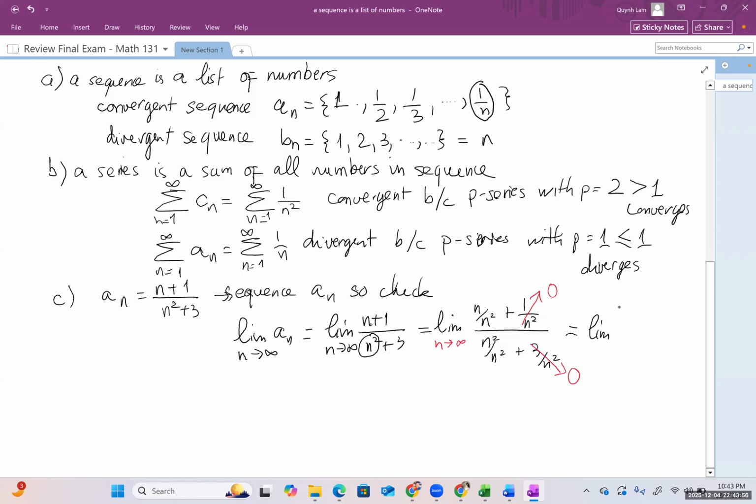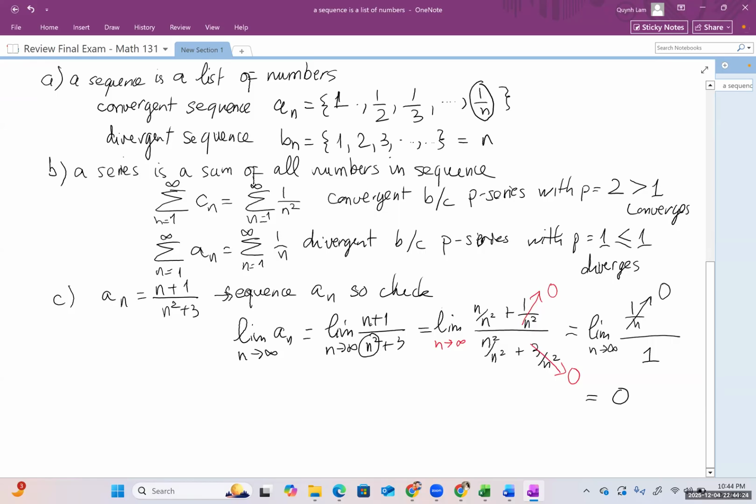Now the top will be 1 over n, which will also go to 0 since n goes to infinity. And the bottom is 1, so it's going to equal 0.